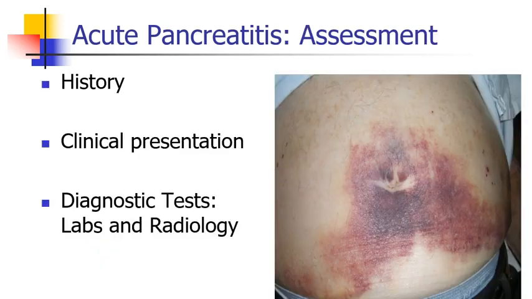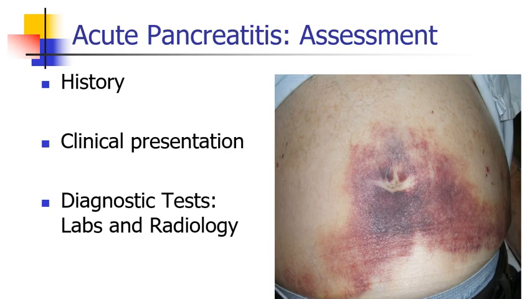So our history is recent abdominal surgeries or procedures, infections, medications, alcoholism, history of chronic pancreatitis, and they will have a sudden, sharp onset of pain in the epigastric or left upper quadrant areas with radiation to the back, the left flank, or the left shoulder. Now, what you see here in this picture is something called Cullen's sign, which is an ecchymotic area around the umbilicus.